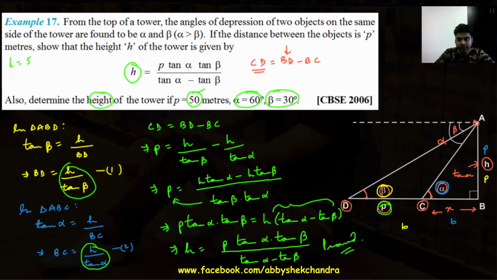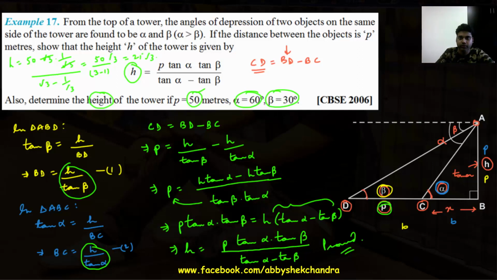H equal to P is 50 meters, tan alpha is tan 60, that will be root 3, tan beta is tan 30 degrees, which will be 1 by root 3, divided by tan alpha minus tan beta. So this cancels with this. What you get is 50 by 3 minus 1 into root 3.